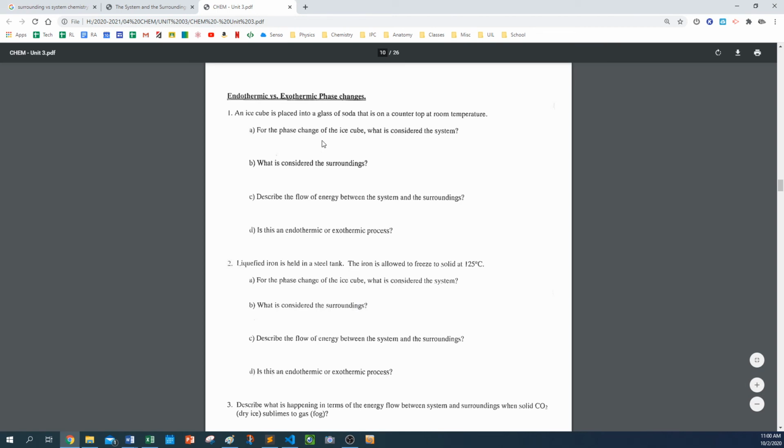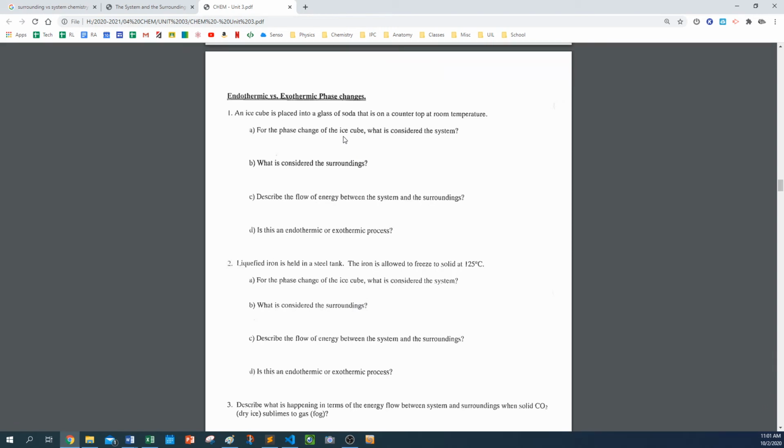So an ice cube is placed into a glass of soda that is on the countertop at room temperature. For the phase change of an ice cube, what would be considered the system?